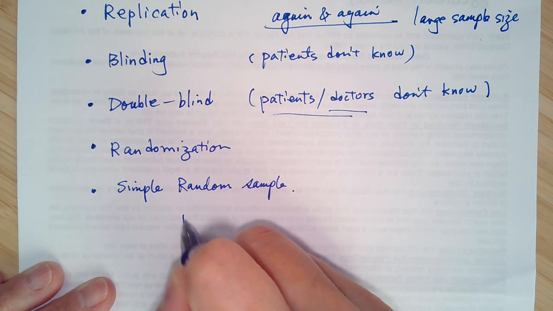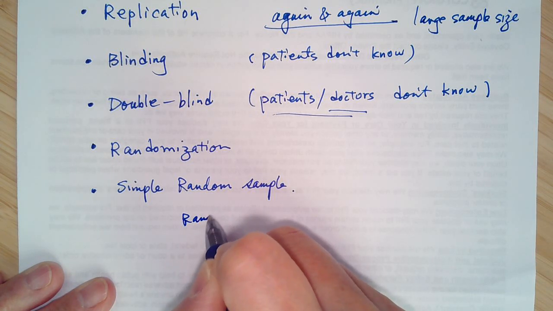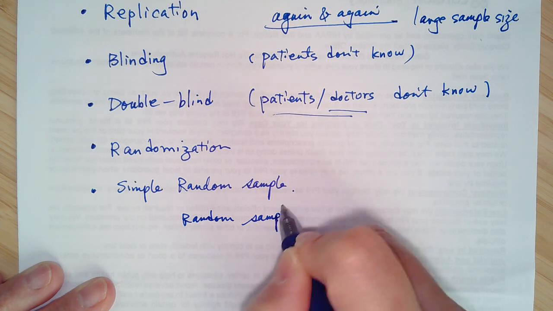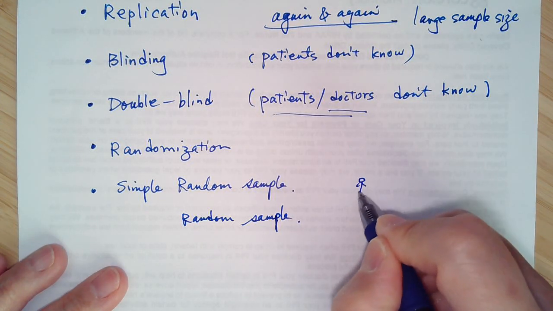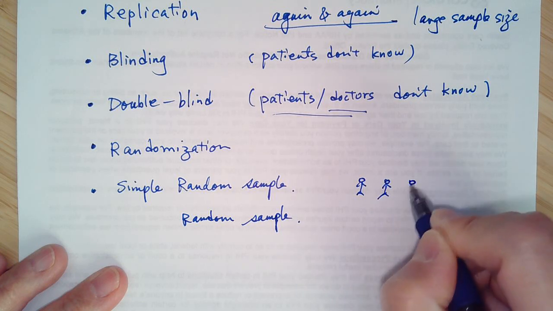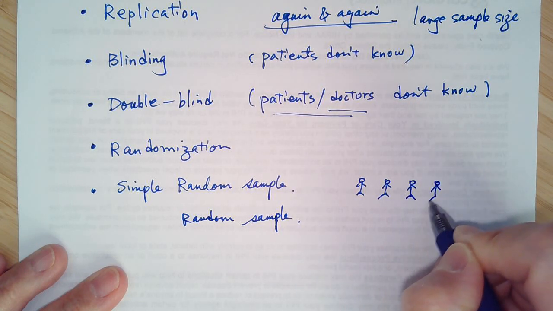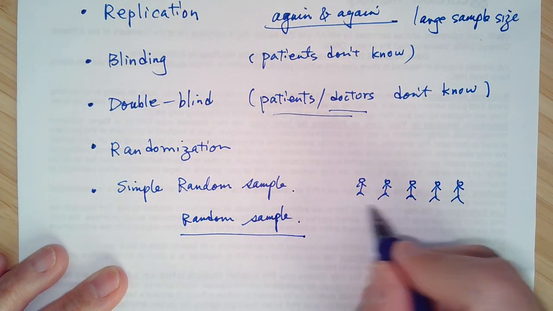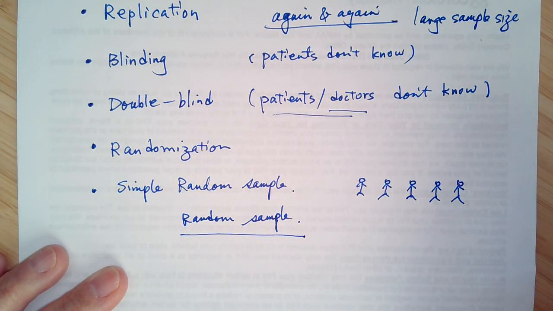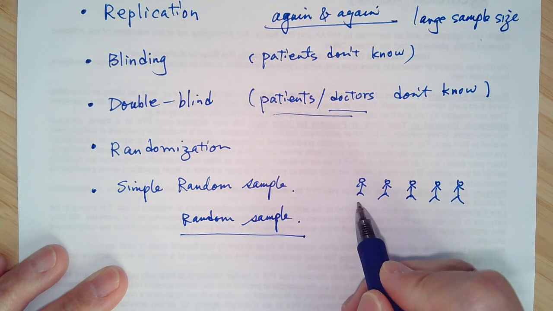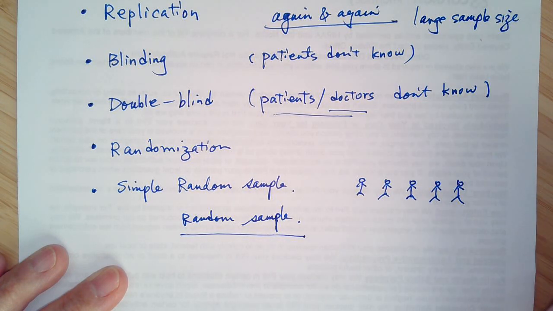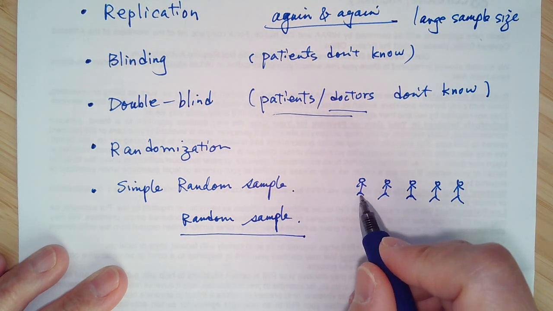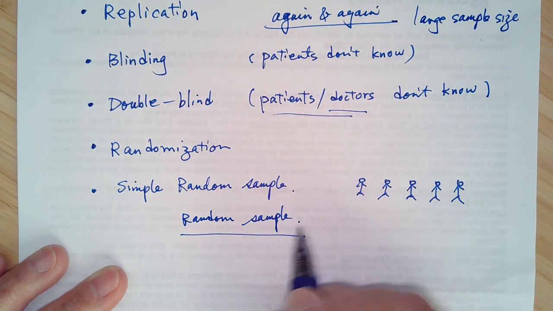So random sample. What does that mean? If you have 5 people and you want to choose a group of 3 to form a committee, a random sample means every one of them has the same chance to be chosen, like 3 out of 5. Everyone has the same chance.